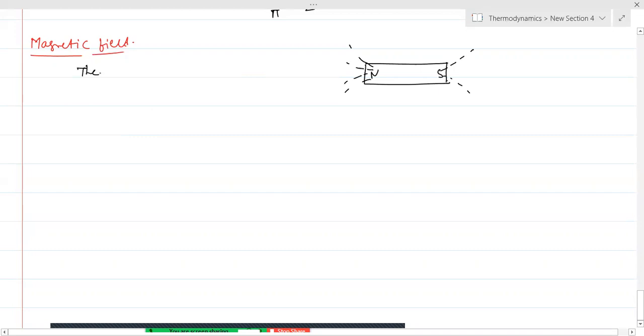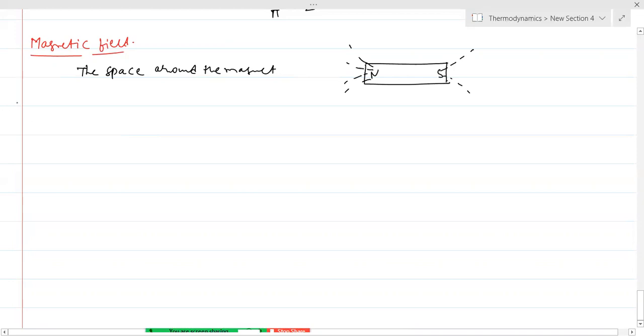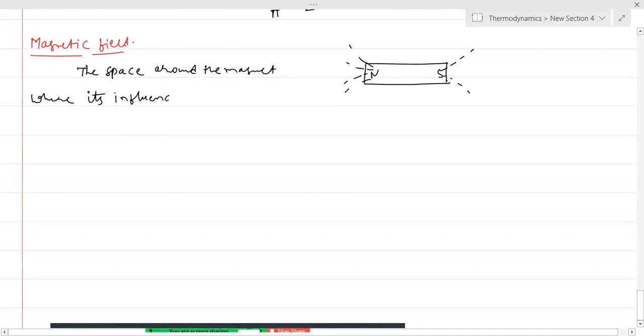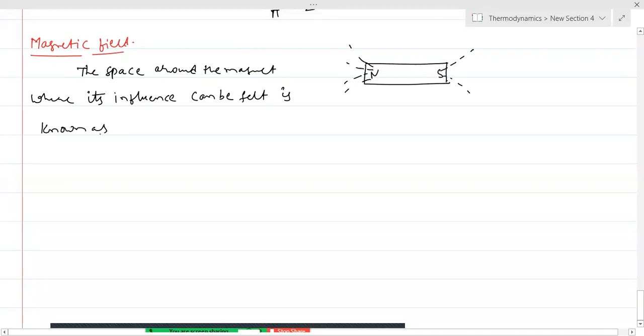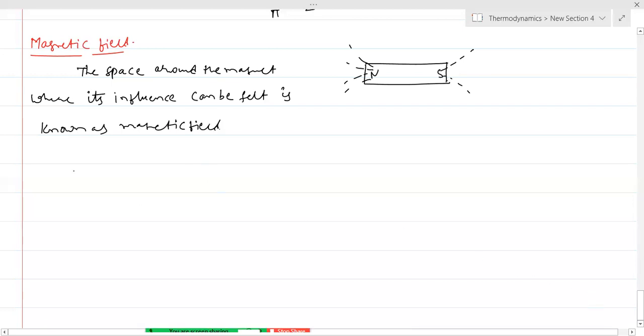So we are taking the space around the magnet where its influence can be felt, which is known as magnetic field.